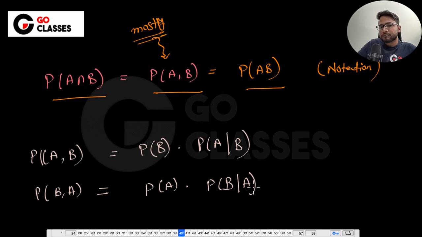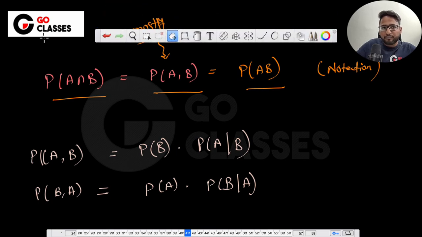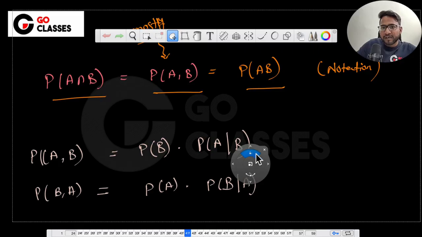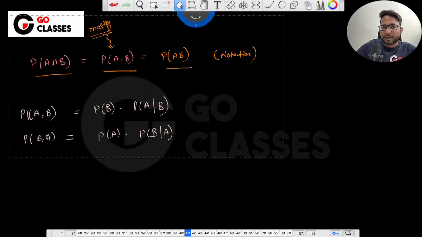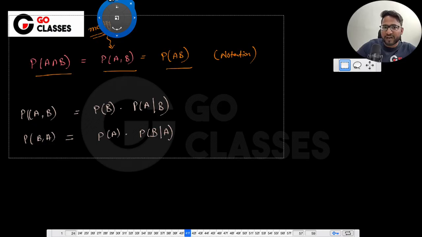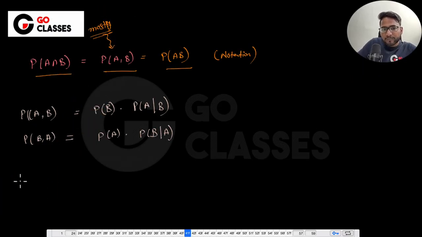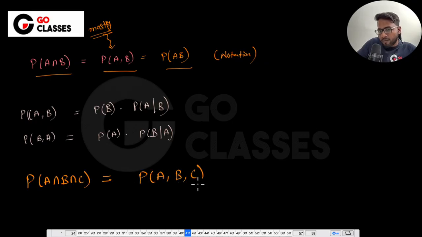Now we can extend this to multiple events. Instead of just having these two events A and B, I can extend that to multiple events, which is A, B and C. So let me try doing it. Suppose you have three events, A, B, C. So probability of A intersection B intersection C. If someone asks you something like this, that's exactly the same way of writing A comma B comma C, right?